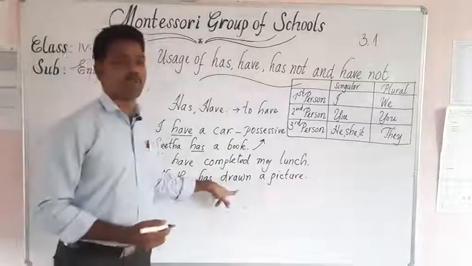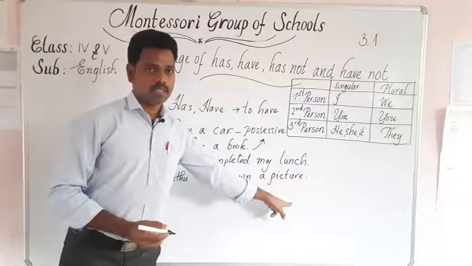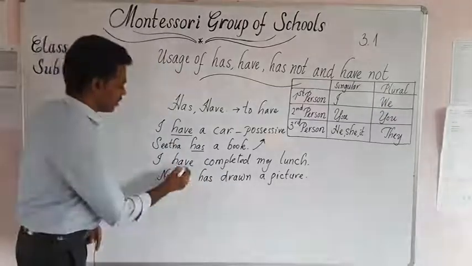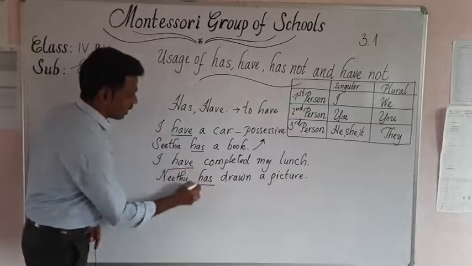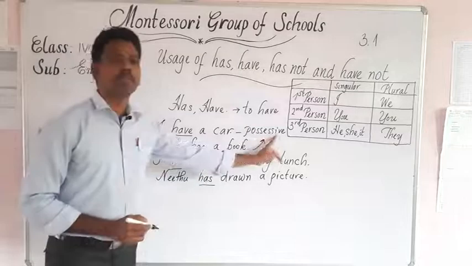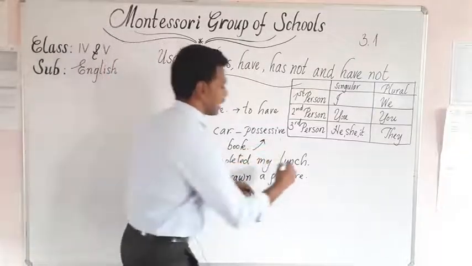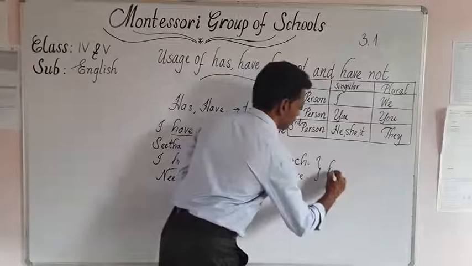Neetu has drawn a picture. In these two sentences, the verbs have and has don't come as possessive. They come as helping verbs.